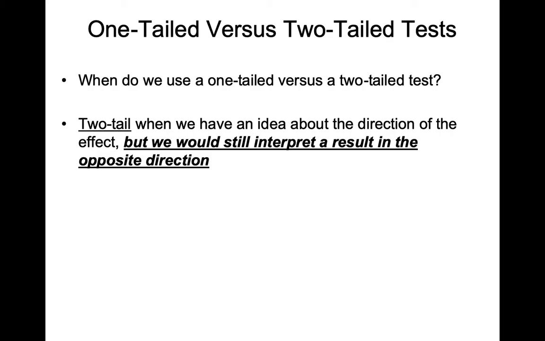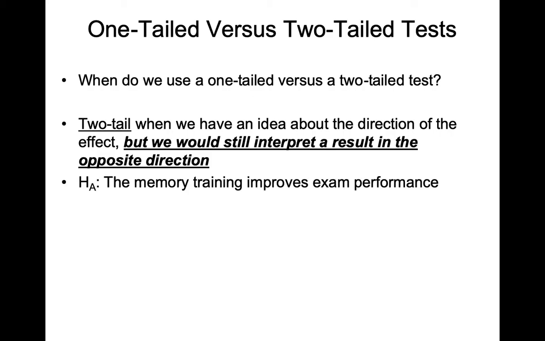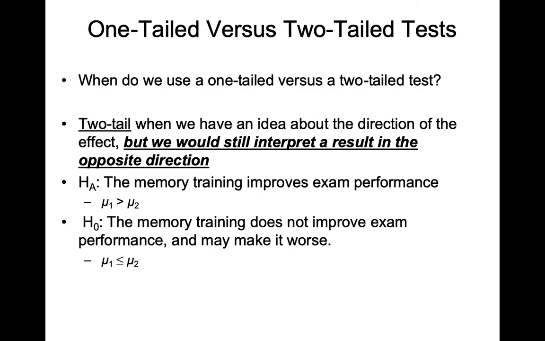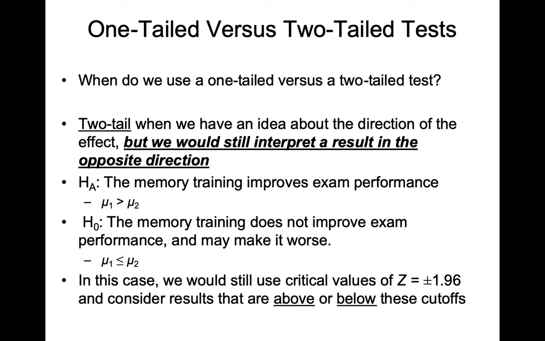This one is a little bit tricky to understand, but we would do a two-tail when we have an idea about the direction of the effect, but we would still interpret a result in the opposite direction. So let's just say we've got our directional hypothesis, and we predict that training improves exam performance. But we're saying, yeah, but if it backfires, I'm still going to interpret it, and I know that.